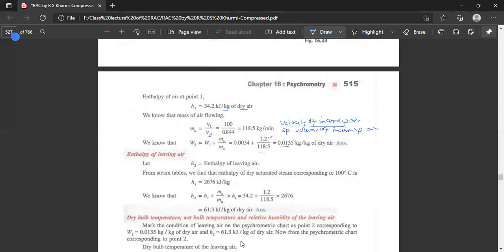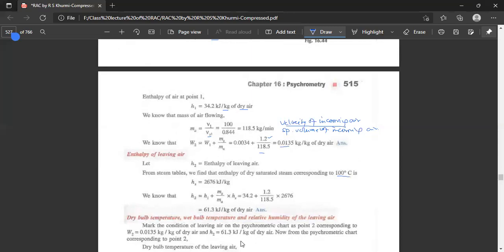Now, enthalpy of the leaving air is H2. From the steam table, we will find the enthalpy of dry saturated steam corresponding to 100 degrees centigrade.